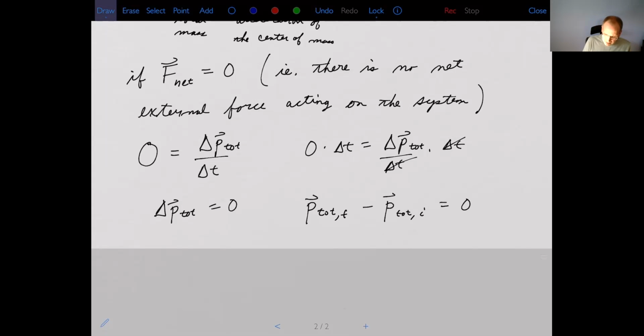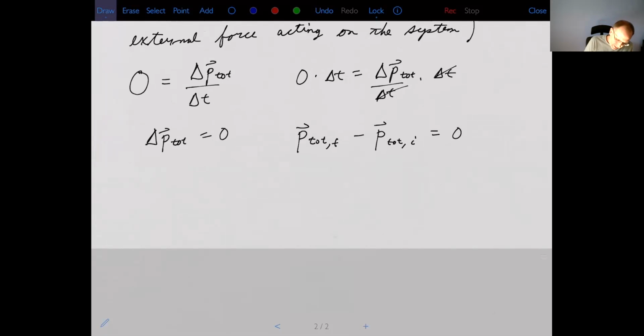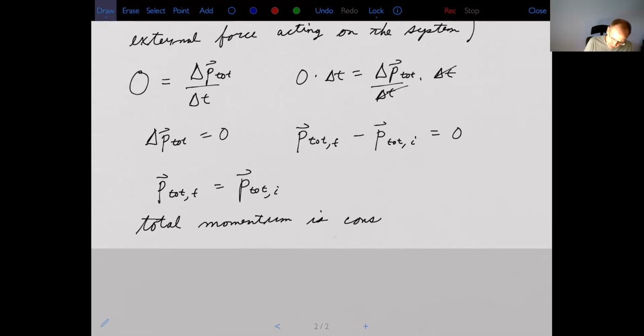If I bring the initial term to the right-hand side, I can write this as P total final is equal to P total initial. So this is what we mean when we say total momentum is conserved, right? The final momentum is equal to the initial momentum. Total momentum is conserved.